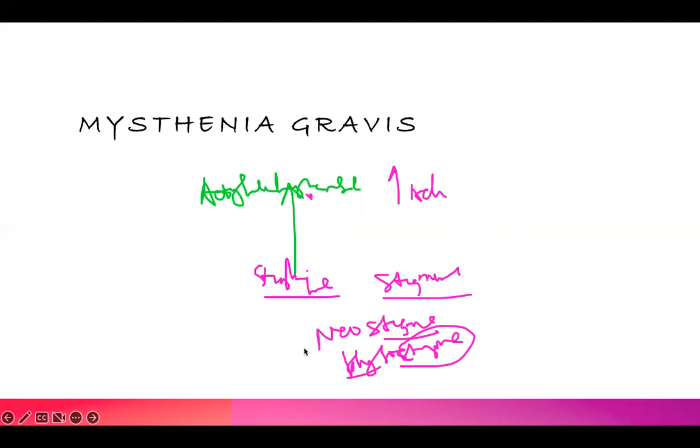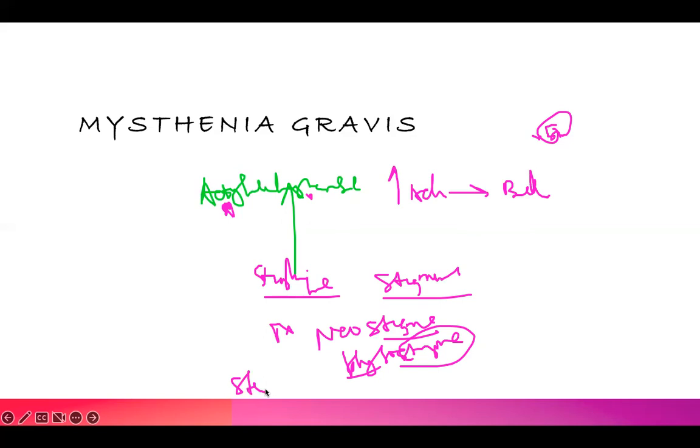So these medications can block acetylcholinesterase longer. The edrophonium usually lasts for 5 minutes, so it doesn't last long. But this can block it for a long time, and you have more acetylcholine, and the individual can get better because it binds to the receptors. So that's the treatment. You give them neostigmine or physostigmine to help with the function of it.